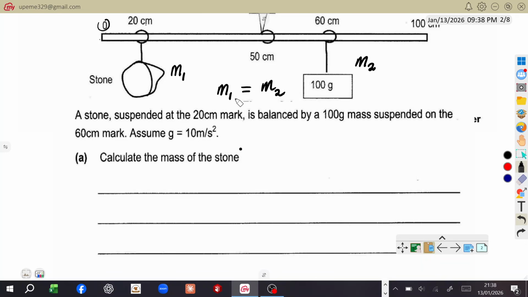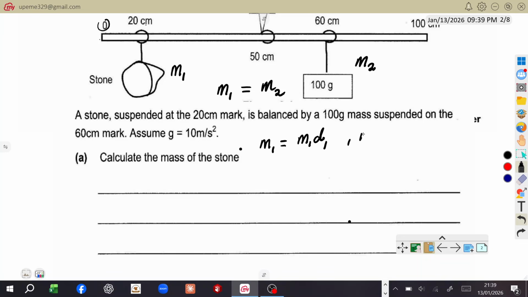Now, how we shall solve this is as follows. We know that moment 1 is going to be found. Moment 1 is going to be equal to mass 1, because here they're saying calculate the mass of the stone, and the other object is also given in grams as mass, meaning we can change the way we deal with moment. We can say moment 1 is equal to mass 1 times distance 1, the distance moved by mass 1.